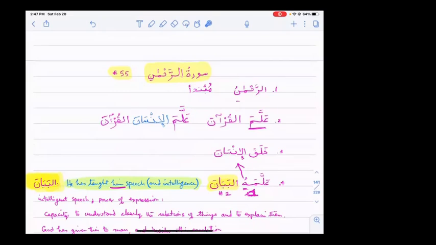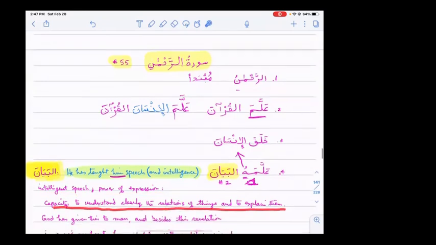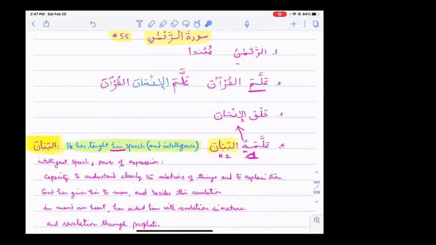Allamahu, he taught him al-bayana: the expression of speech, beautiful speech, intelligence. This is the meaning of al-bayana: intelligent speech, power of expression, capacity to understand clearly the relation of things and to explain them. God has given this to man.